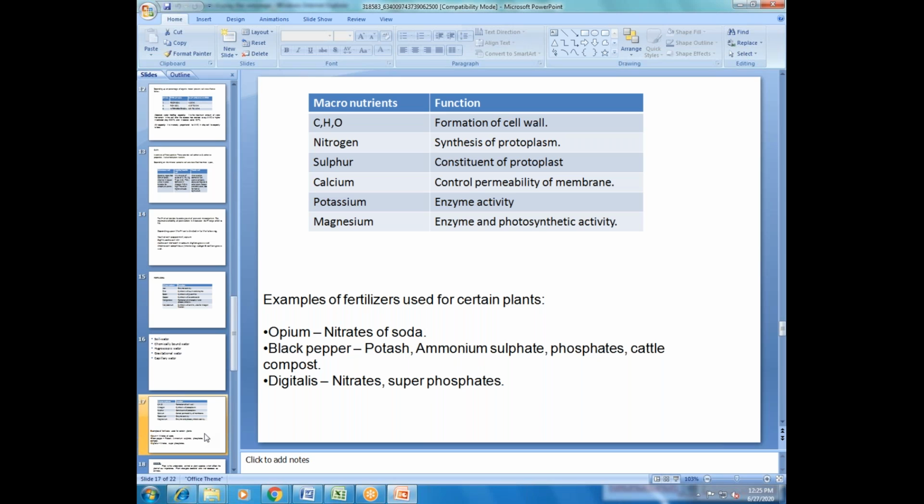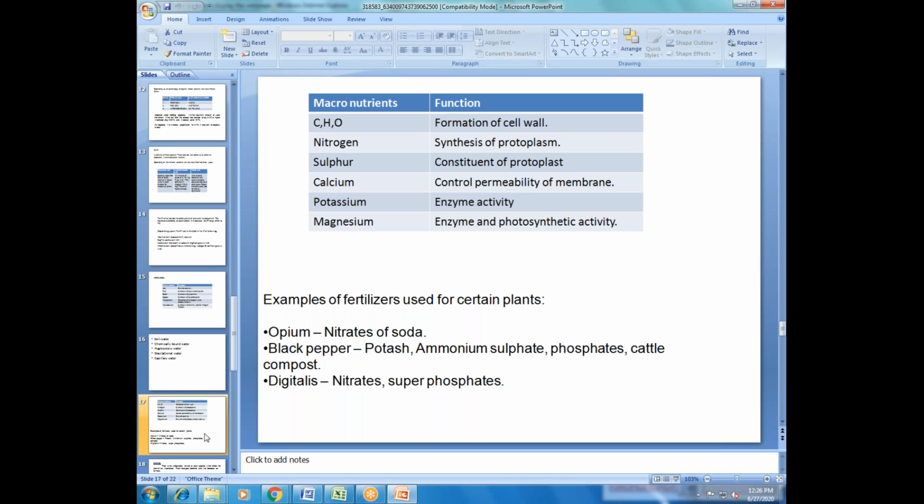Calcium controls permeability of the membrane, potassium is for enzyme activity, magnesium for enzyme and photosynthetic activity. So macro and micronutrients have to be supplied to the plant. As you supply these nutrients, the plant grows, and whatever we get from it will definitely have the required amount of secondary metabolites.